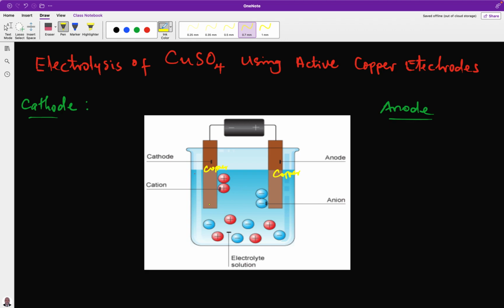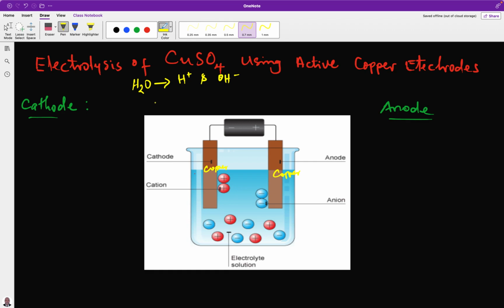But what is going to happen here? There is copper sulfate in this solution. Of course, it's going to go the same way. Now, water is going to give what? As I said, water will give rise to the hydrogen ion and the OH ion.